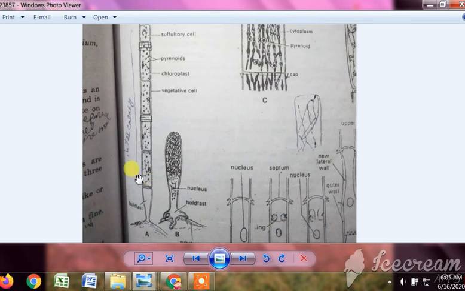While in akinete formation, one cell becomes rounded, oval, or swelling takes place. Its size becomes larger than the surrounding cells, and it becomes reddish brown in color and oval. This type of reproduction takes place under unfavorable conditions.